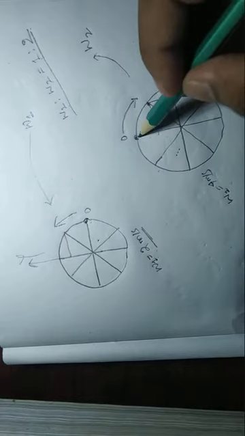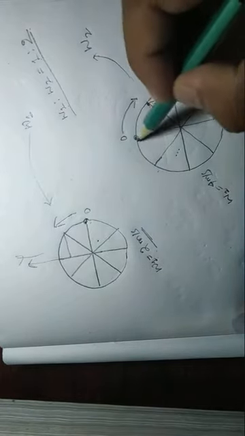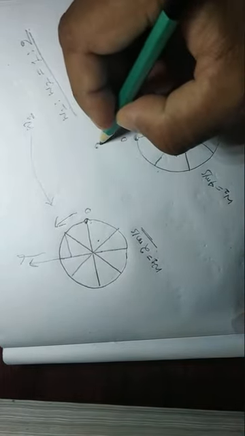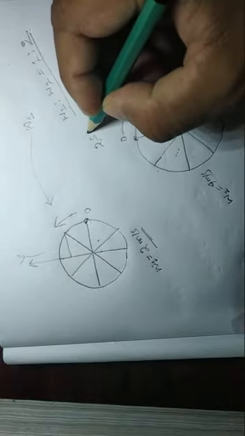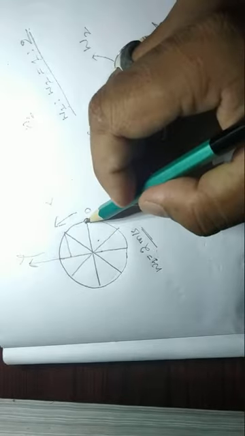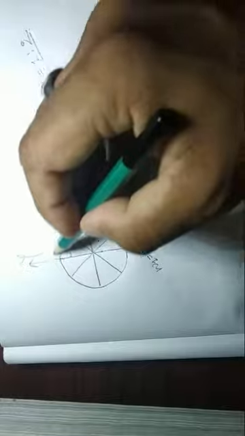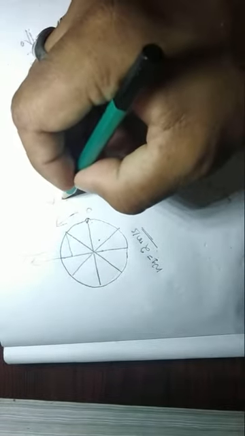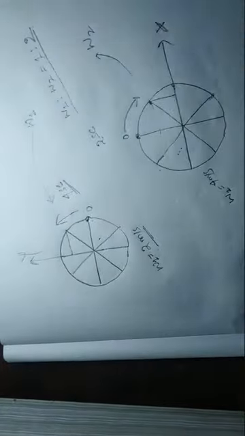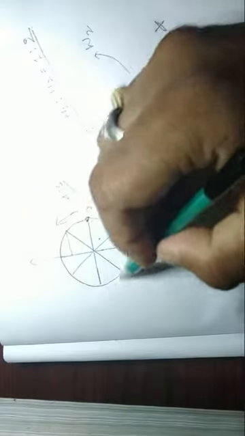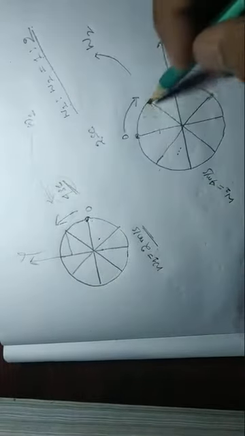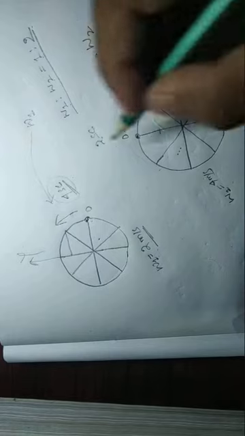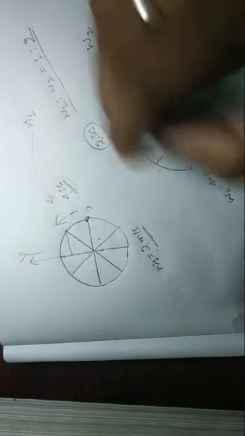This particle may be considered to cover the circle in 2 seconds. This one will complete the whole circle in 4 seconds. Understood? As it is moving slower, it will take longer time; as it is moving faster, it will take shorter time.